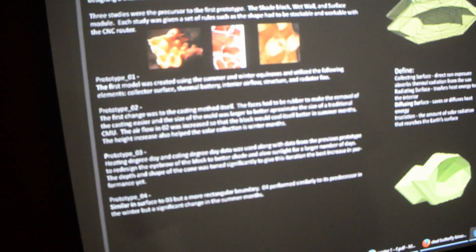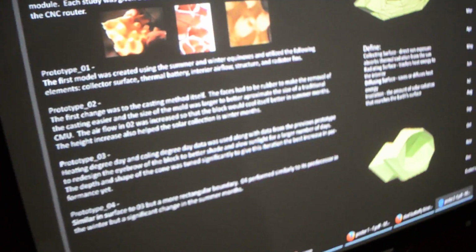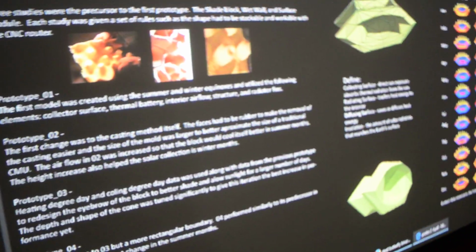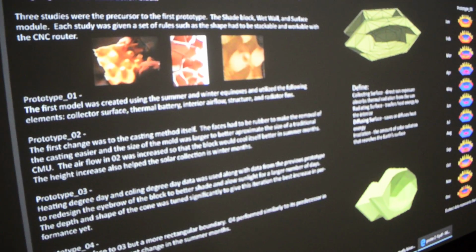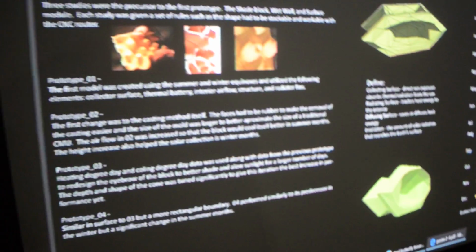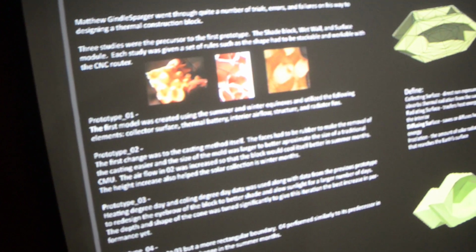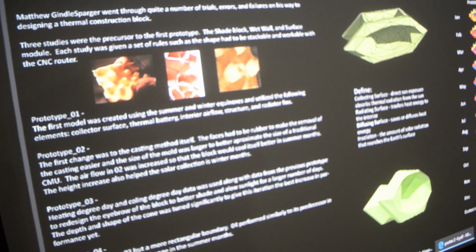So they went through 4 basic prototypes. From 1 to 2, the biggest change was they actually got better at making the blocks themselves. They went from a casting method where the blocks wouldn't even come out to a rubber material in the second prototype that really gave the blocks away after a short curing time.